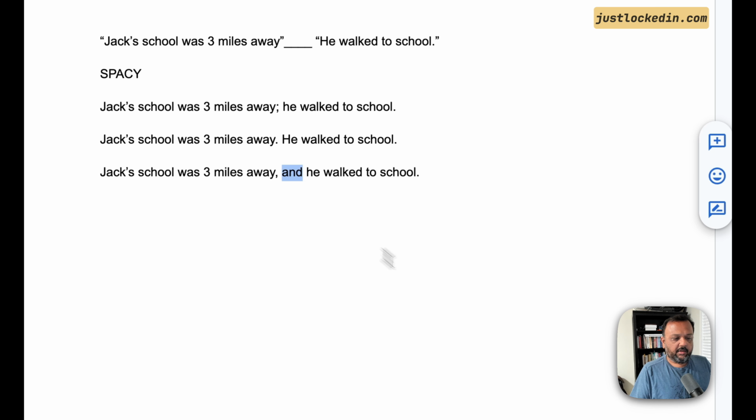However, I can also change this and say, "yet he walked to school." I've just changed the conjunction, but the meaning is a little different. Jack's school was 3 miles away, yet he walked to school, meaning the school was so far, yet he chose to walk.